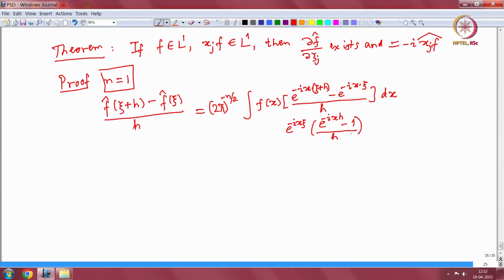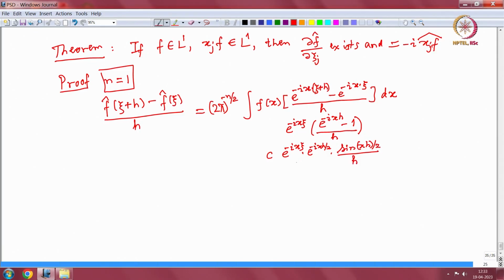So, what about this one? We can just write e to the minus i x j, times e to the minus i x h by 2 into sine of x h by 2, maybe with a factor 2i, some constant, divided by h.